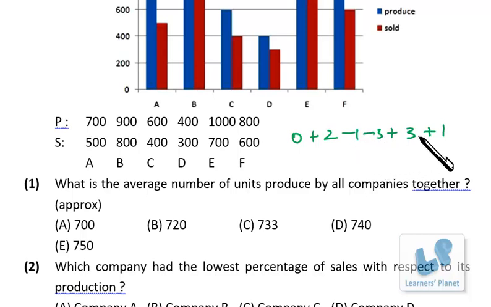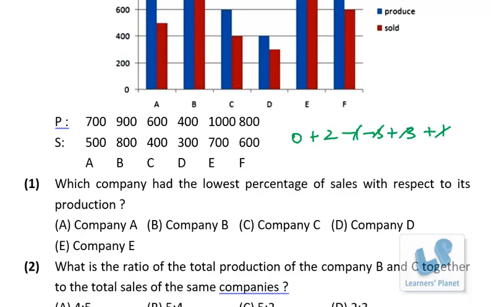Okay. So 1 and 1 is cancelled, 3 and 3 is cancelled. So 700 plus 200 by 6 or 100 by 3, so 33.33. So 700 plus 33, your answer is 733, right?